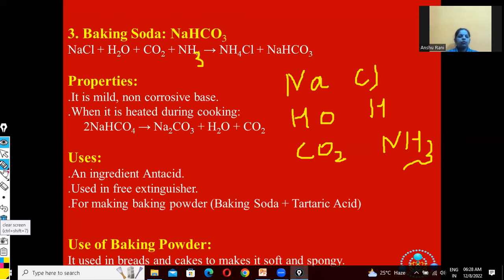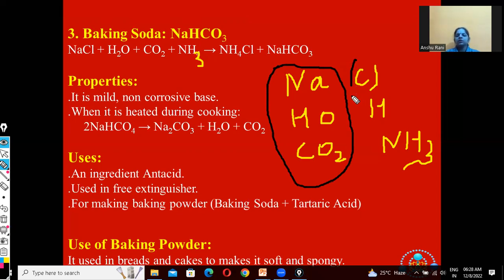So it will give you NaHCO3 and NH4Cl, ammonium chloride.